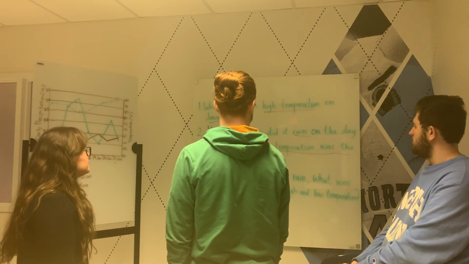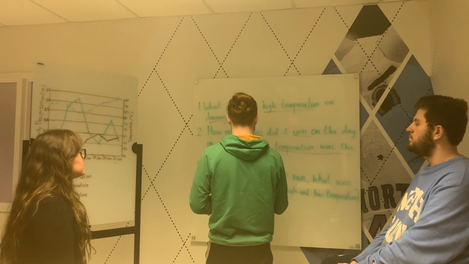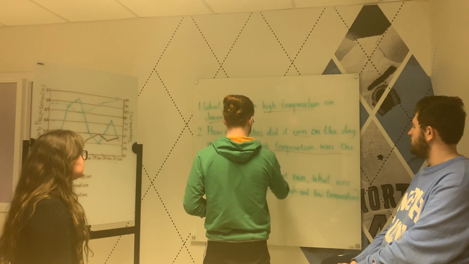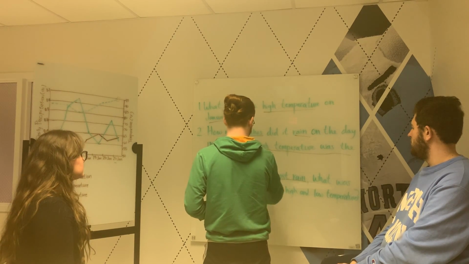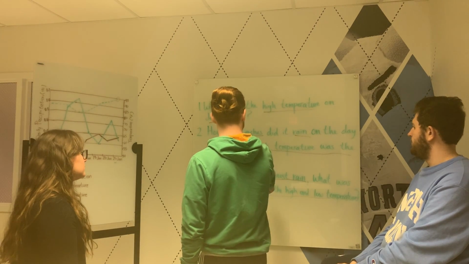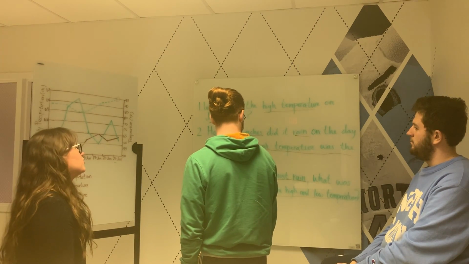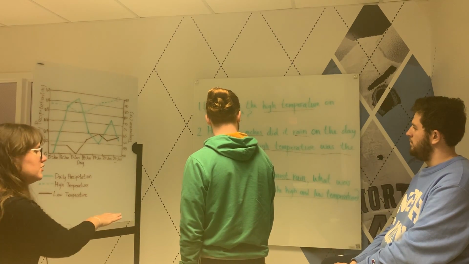On the day with the most rain, what was the difference between a high and low temperature? So, day with most rain and difference between high and low temp. So what is your final answer going to be? The difference between the high and low temperature. All right. So please walk me through your process of finding that, and you can do any work that you need to do on the board.